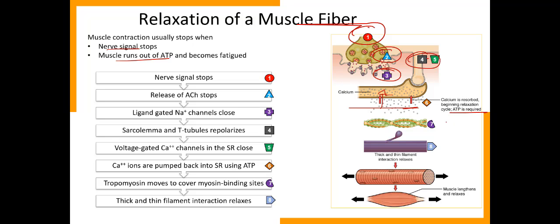It requires ATP, and then tropomyosin goes back into position to cover the active site. Troponin goes back into position to hold the tropomyosin in place, and then the skeletal muscle relaxes. So it relaxes and goes back to its original length.